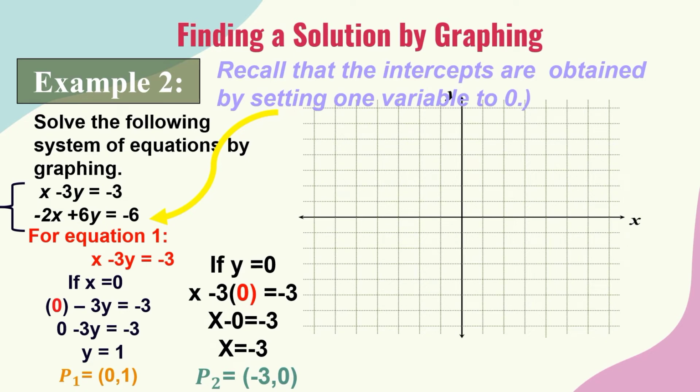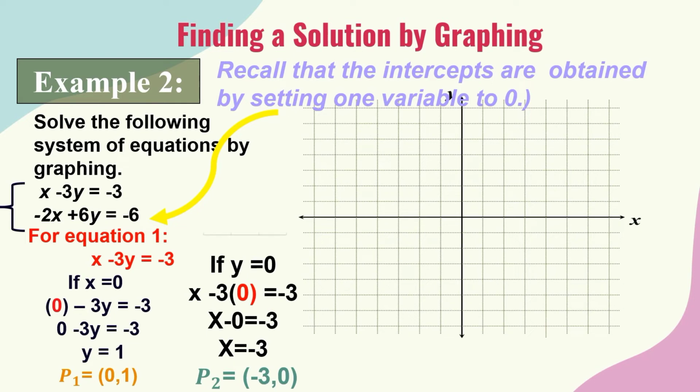Using the same equation, x minus 3y equals negative 3, if y is equal to 0, x minus 3 times 0 equals negative 3. x minus 0 equals negative 3. x therefore is equal to negative 3. Therefore, we have now the second point, which is (negative 3, 0). We are now ready to plot the points.